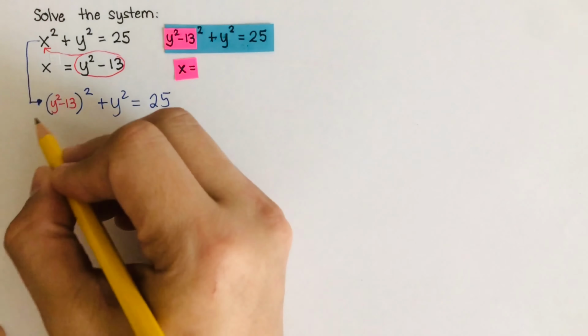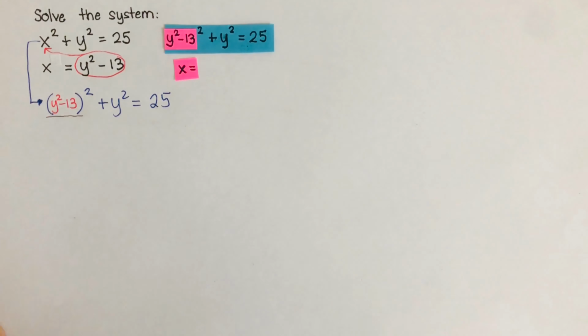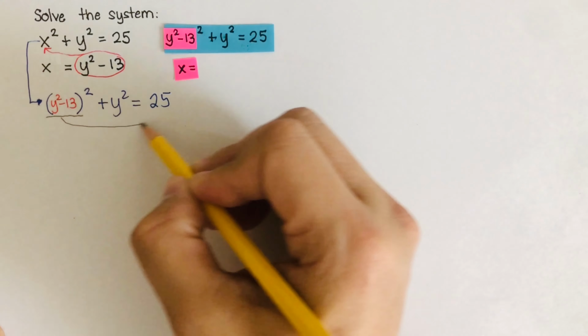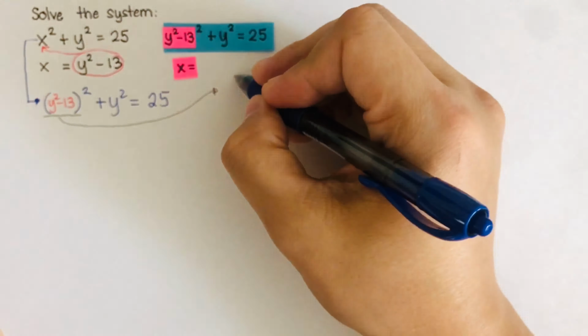Now this one right here can be multiplied. Since this is a binomial, we can multiply this using the area model. I'm going to show the area model on the side right here.